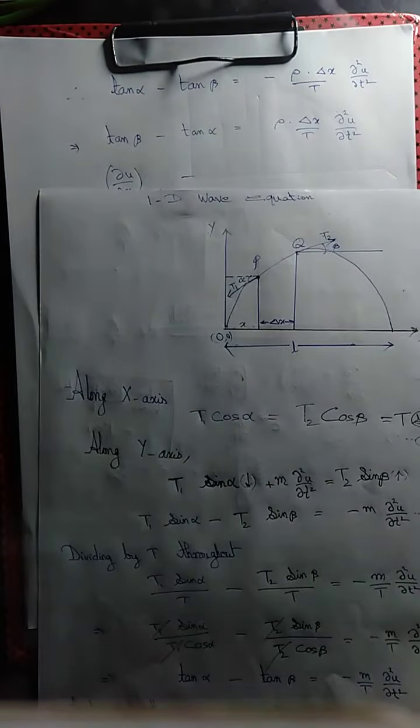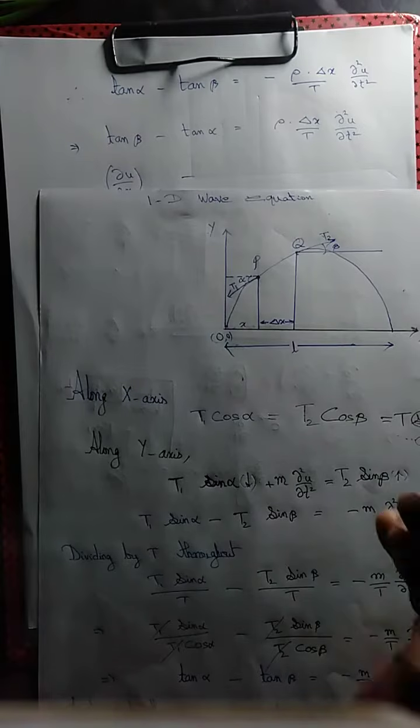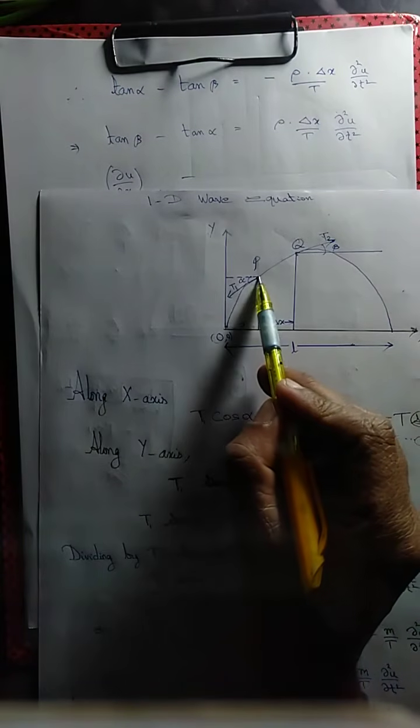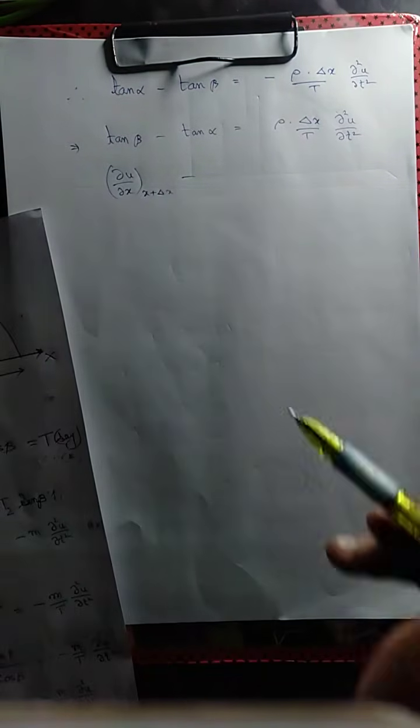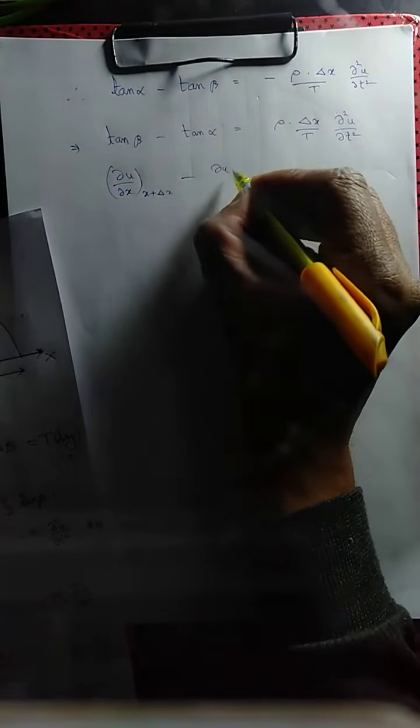What about tan alpha? Again a derivative. So del u by del x at x, equal to rho into delta x by T del 2u del t square.